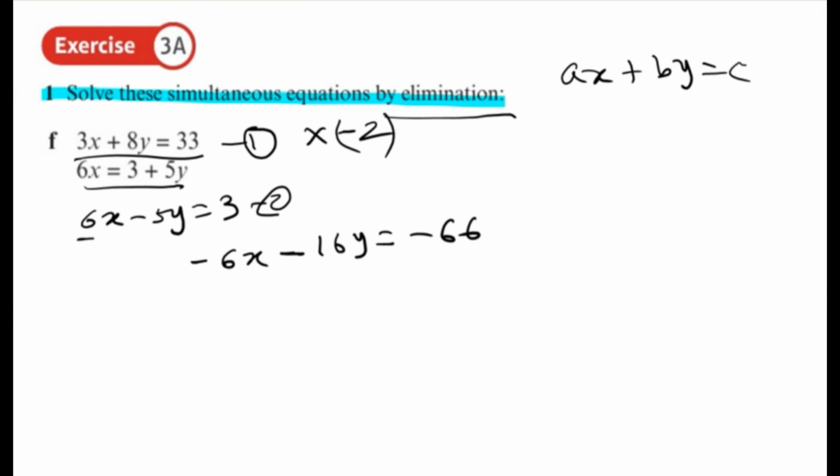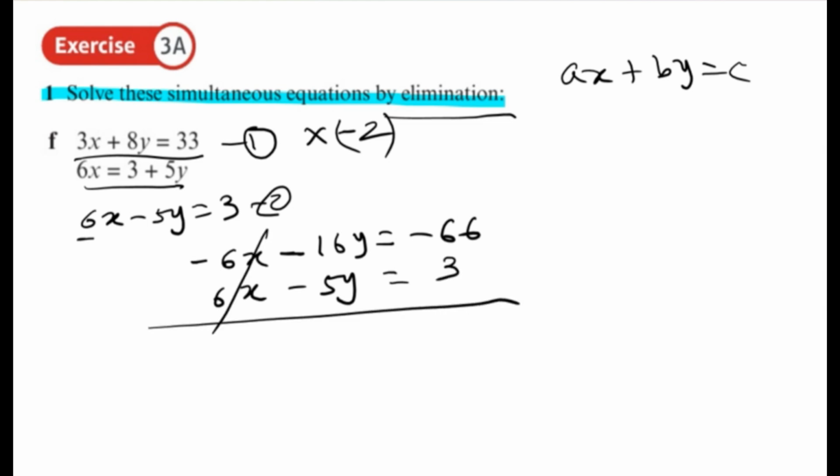The second equation I am just keeping as it is, equal to 3. Now I am adding these two equations. Plus 6x minus 6x I can eliminate. Minus 16y minus 5y gives me minus 21y. And minus 66 plus 3 gives me minus 63.